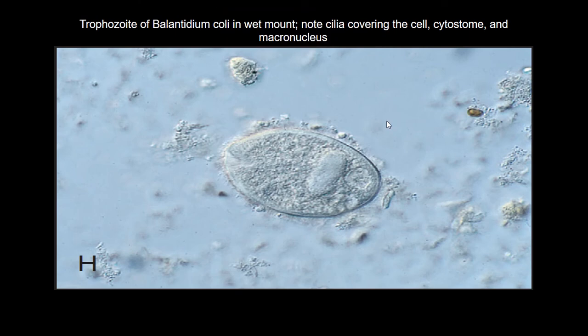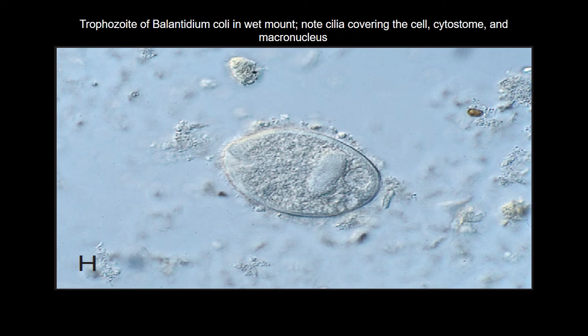Also in stool analysis, sometimes you can see a protozoa called Balantidium coli that can have a trophozoite and a cyst stage, and also this one comes from contaminating food or water with pigs' feces.